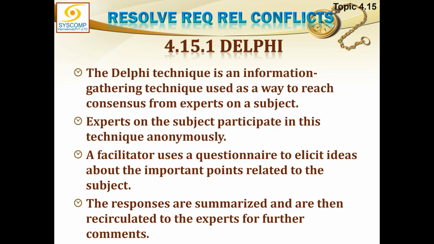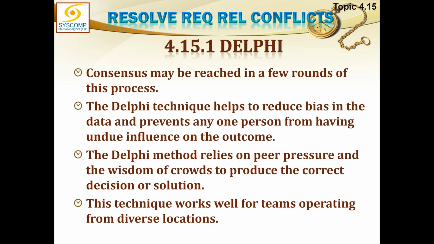Experts on the subject participate in this technique anonymously. The facilitator uses a questionnaire to elicit ideas about the important points related to the subject. The responses are summarized and then recirculated to the experts for further comment. Consensus may be reached in a few rounds of this process.